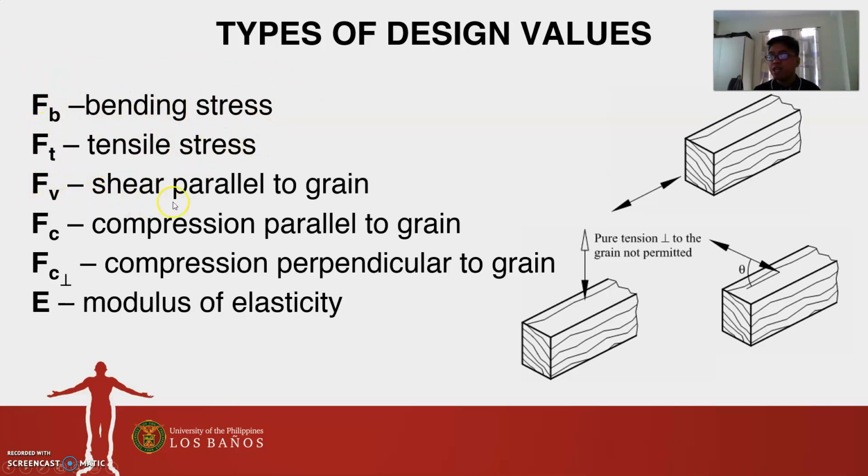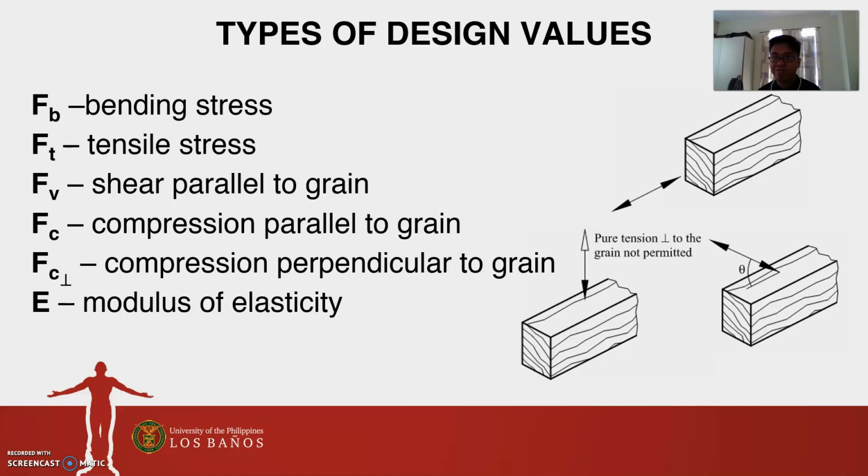While FV is shear parallel to grain, so we have here a wood member, and as we can see here, the grain is oriented along the length of the member. And so, if it is shear parallel to grain, the direction of the shear is like this, along the length of the member. As you can remember from chapter 2, we are dealing with horizontal shear stress.